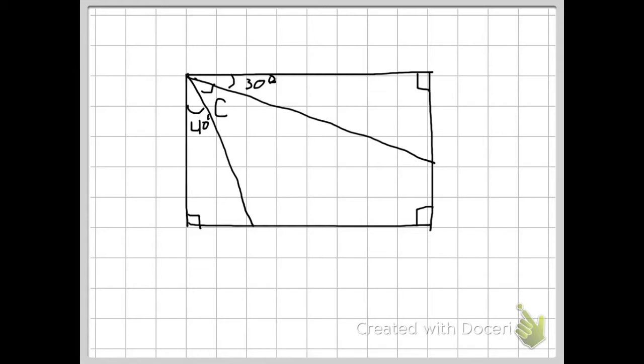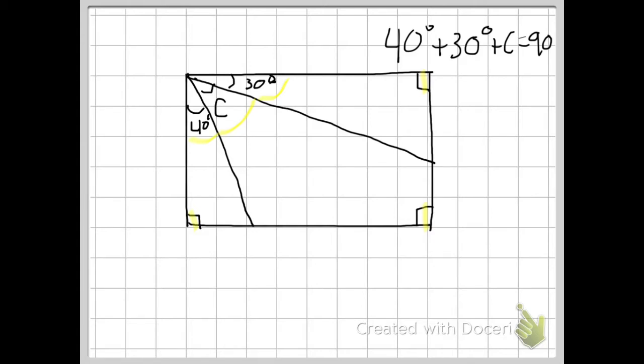Well, remember, all four corners of a rectangle are always 90-degree angles. So what we know is that 40 degrees plus angle C plus 30 degrees has to equal 90. So 40 degrees plus 30 degrees plus C equals 90 degrees.